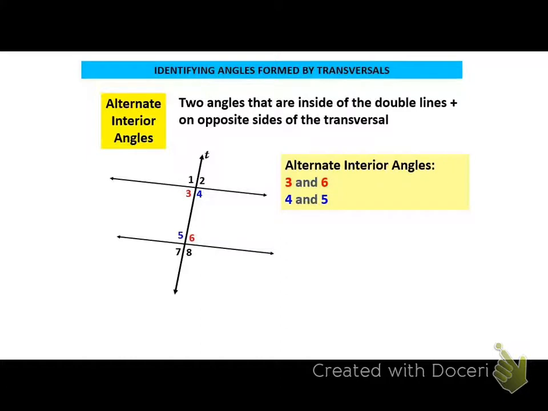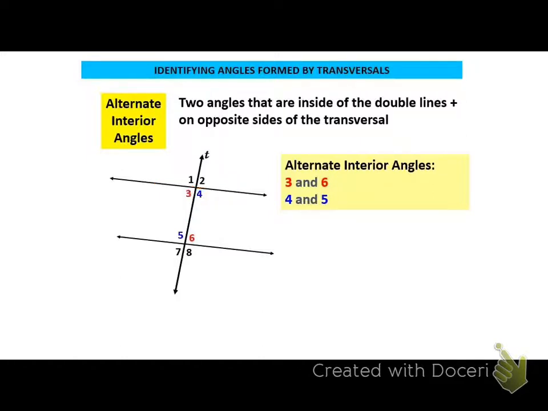You just want to make sure you don't get this mixed up with something like this. 3 and 4 are not alternate interior. While, yes, they are both on the inside of the double lines, what relationship do 3 and 4 have? They're a linear pair. So these two are adjacent. They're not alternate interior angles.